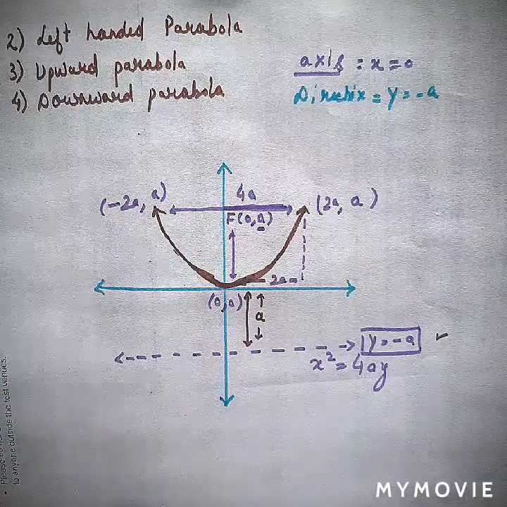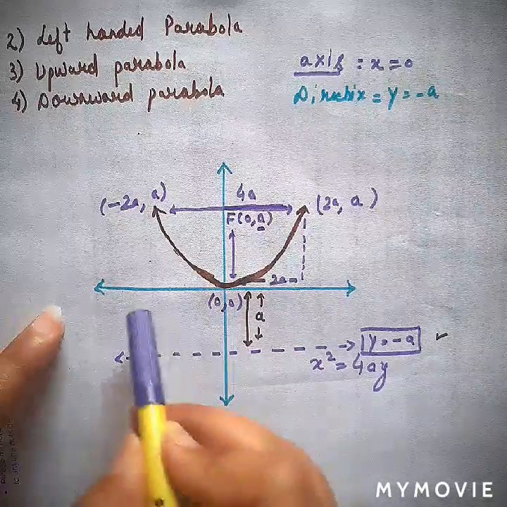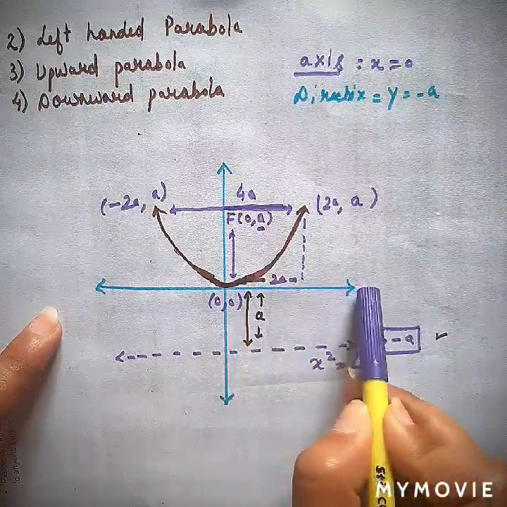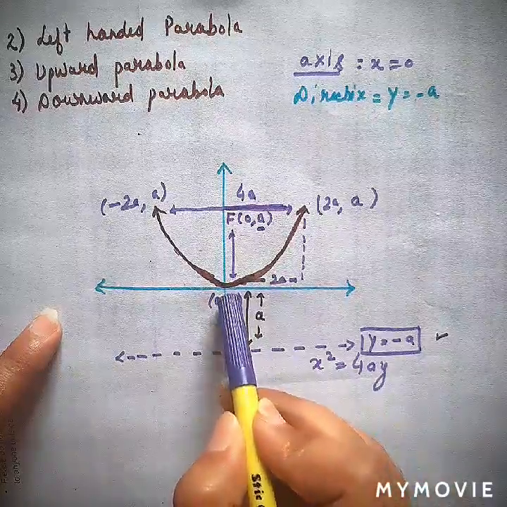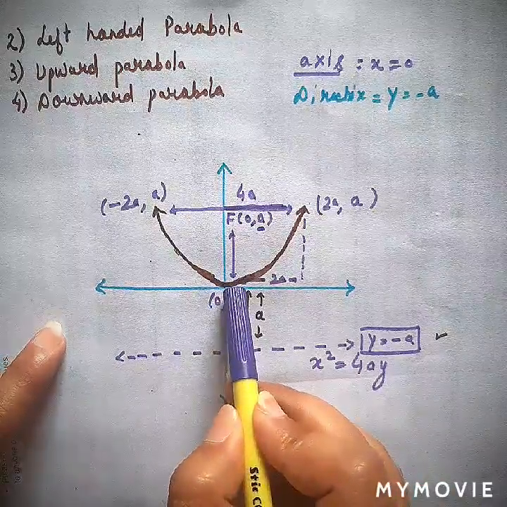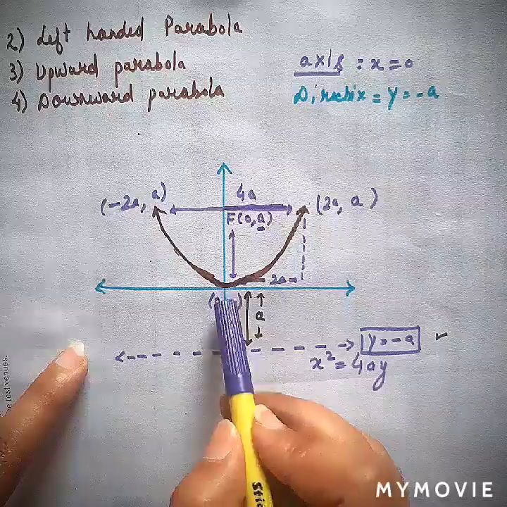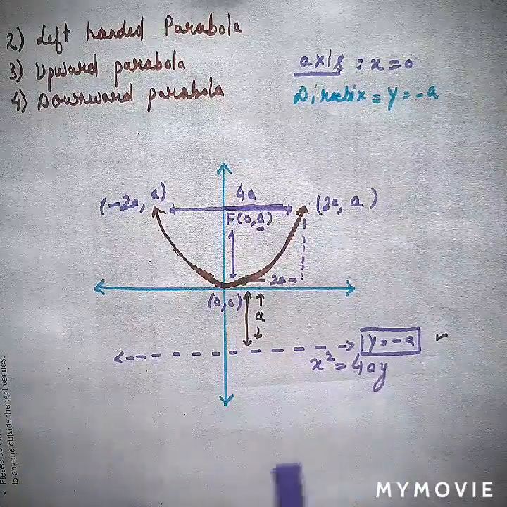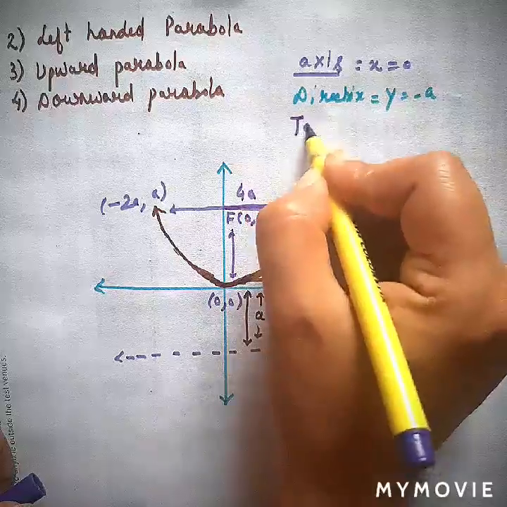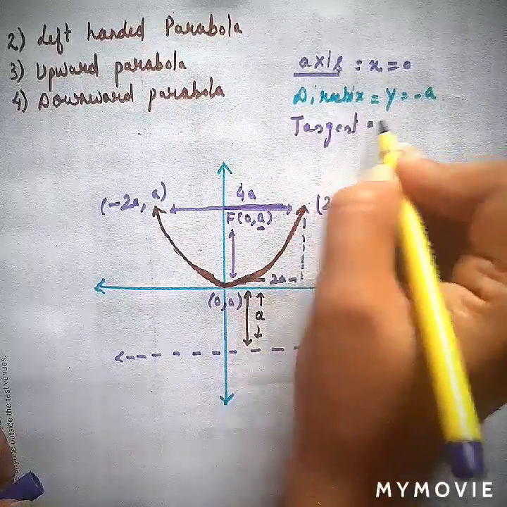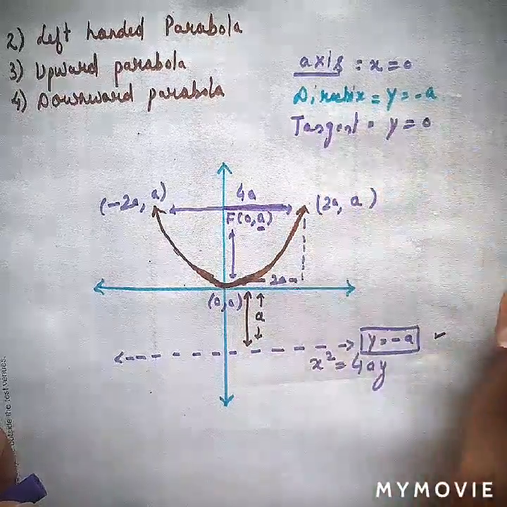Now the tangent at the vertex. This is a parabola, and this is the tangent at the vertex. And what will be the tangent at the vertex? This will be y is equal to 0, and the axis is x is equal to 0, and the tangent at the vertex will be y equal to 0.